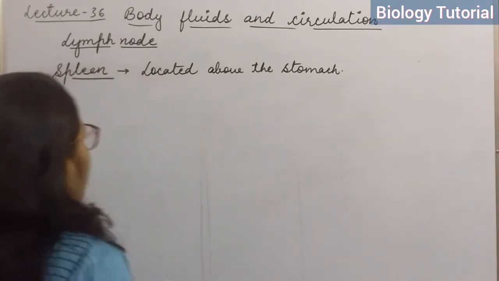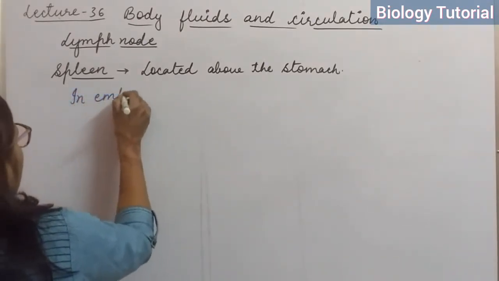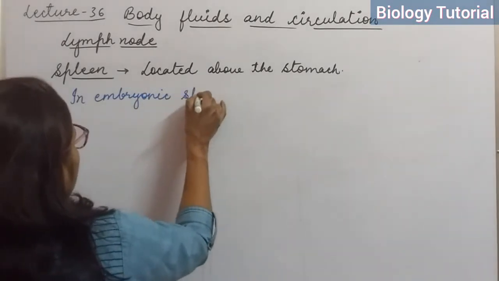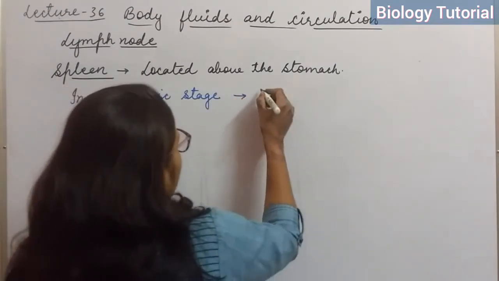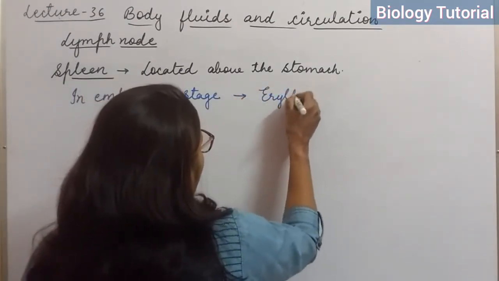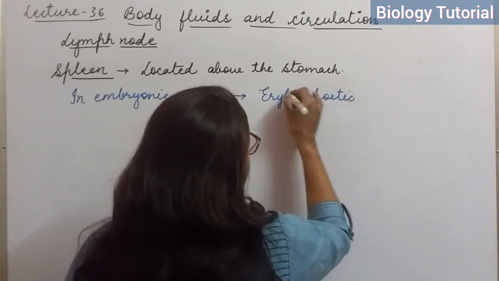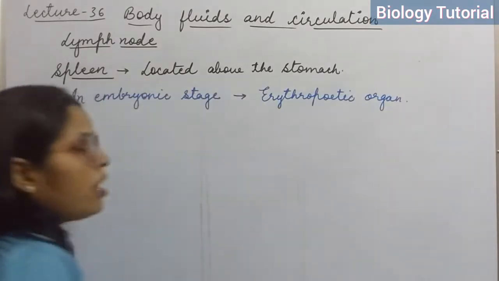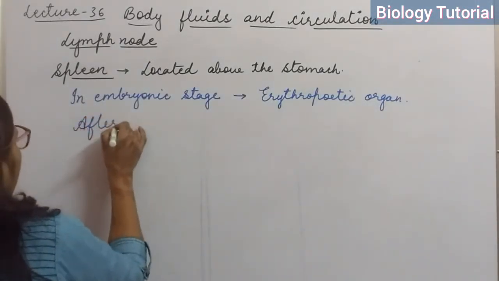So in the embryonic stage, the spleen is acting as an erythropoietic organ. And after birth, what is happening after birth?